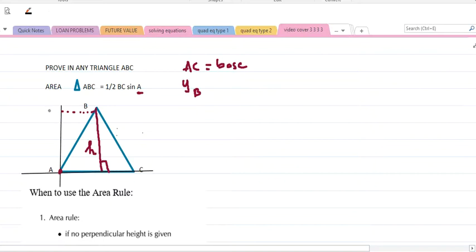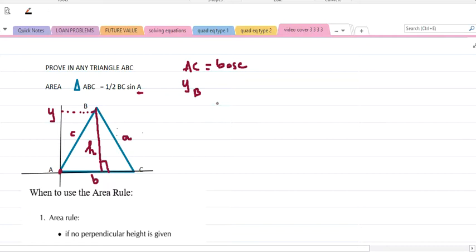So that would be the y coordinate of B. Can we determine the y coordinate of B? If we put in our sides of the triangle, that is c, that is b, and that is a.